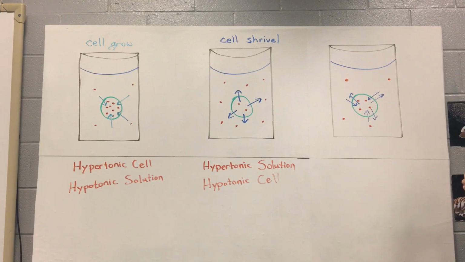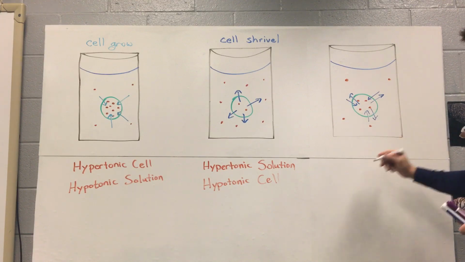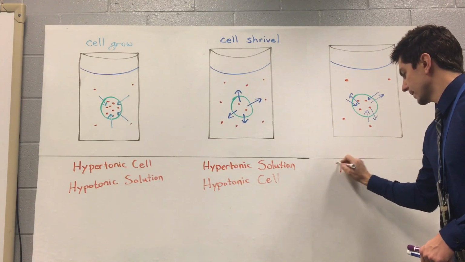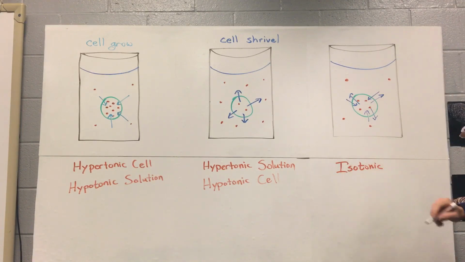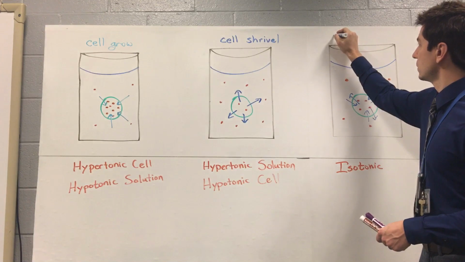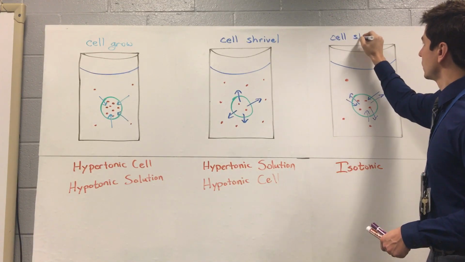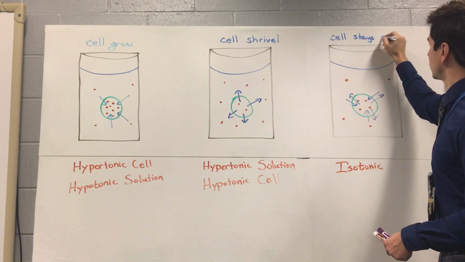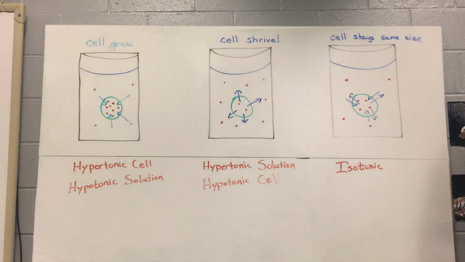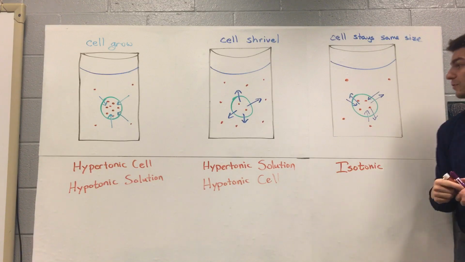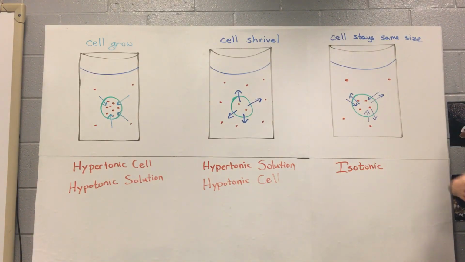So overall, this is called an isotonic solution, or we could just say it's isotonic. Water still moves into the cell and out of the cell, but the cell stays the same size. Okay. So overall, there is movement of water, but there's no net movement, no gain or loss of water into or out of the cell.